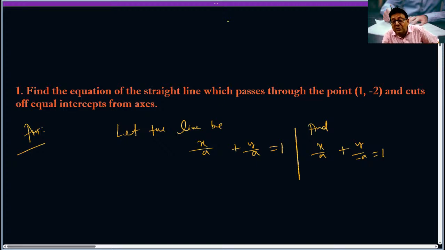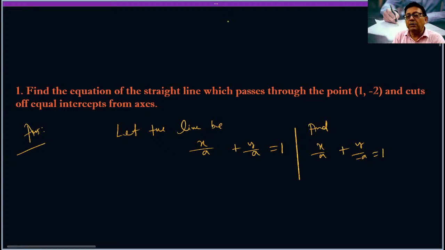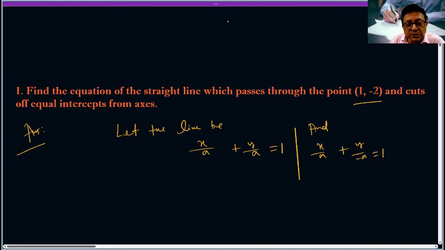So we have to clear this part. Now make it pass through (1, minus 2). So 1 by a minus 2 by a equal to 1, so a is minus 1.